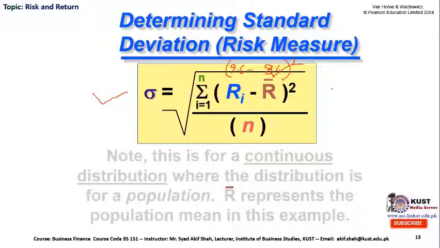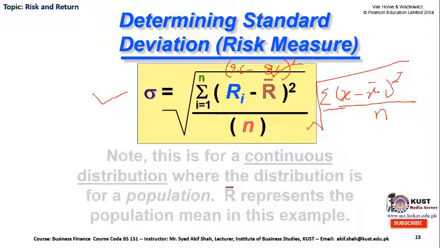This formula is similar to the statistical algebraic formula you might have studied in statistics, just like x minus x bar, whole squared, summed over all observations and divided by the total number of observations, and then taking the square root of the whole expression will give you the standard deviation.